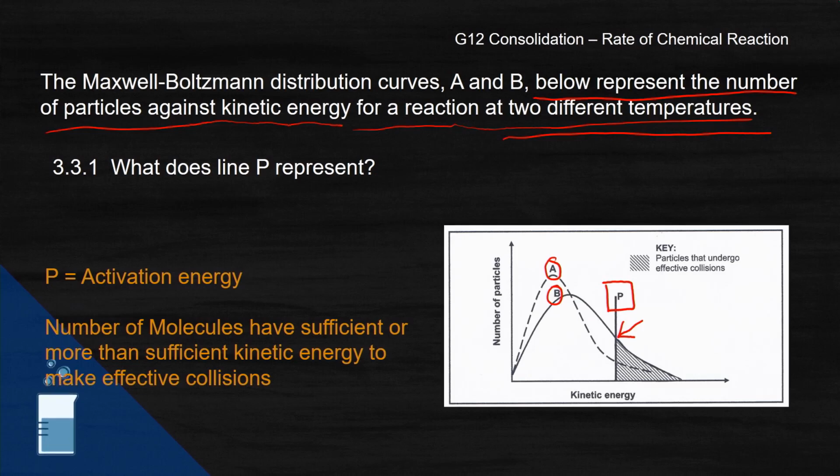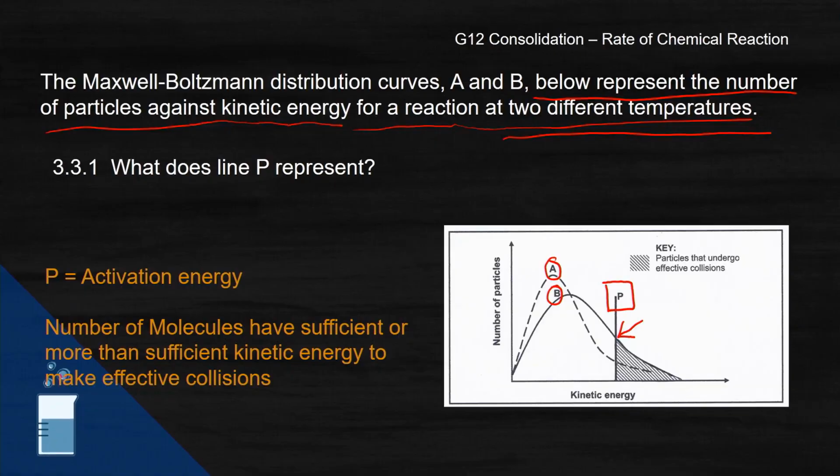So for a reaction to happen, the particles have to have the same amount or more kinetic energy as the activation energy. I have written here: the number of molecules have sufficient or more than sufficient kinetic energy to make effective, the word is effective, collisions.